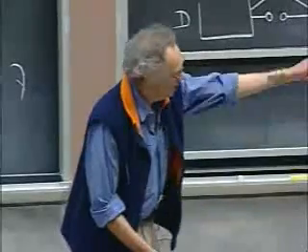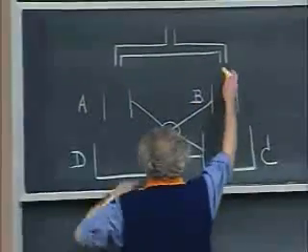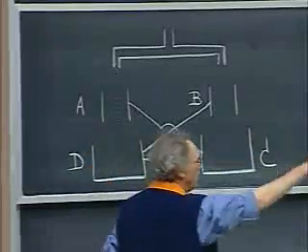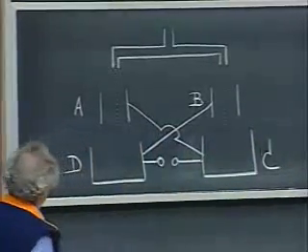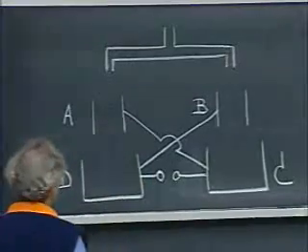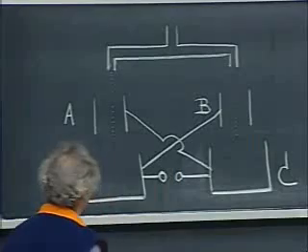We have here buckets A and B. Water comes down from above. Water runs through. You see the water there, runs out. And we collect these water drops here in bucket D. It's a conductor. And this water is collected in bucket C. It's also a conductor.